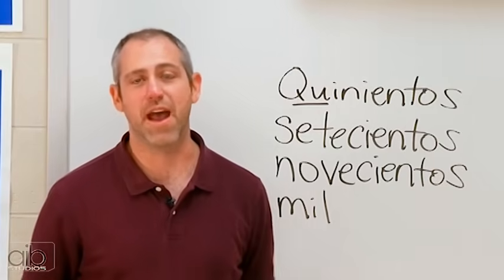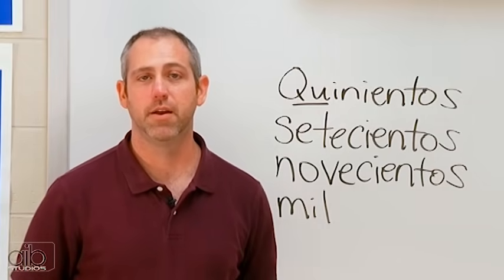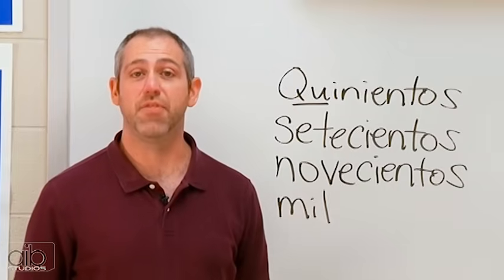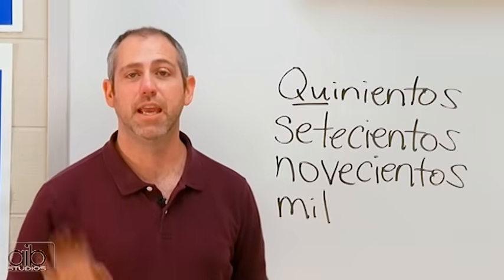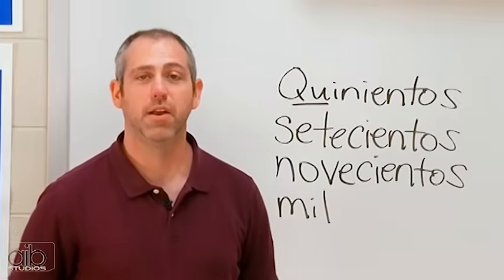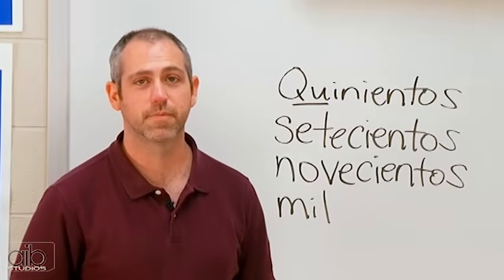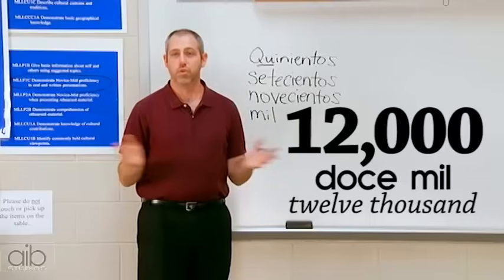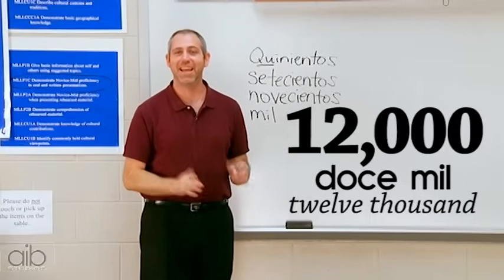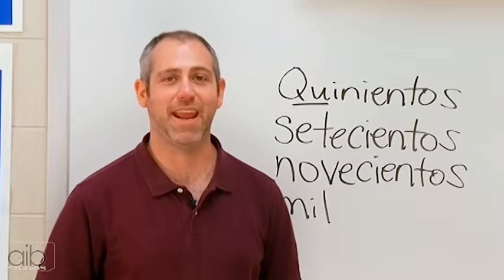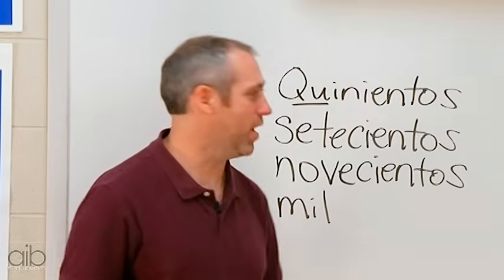We don't do that with 1,000. We simply leave it mil. So, if we wanted to say 10,000, we would simply say 10,000. Now, how would you say 12,000? 12,000. It's that simple.